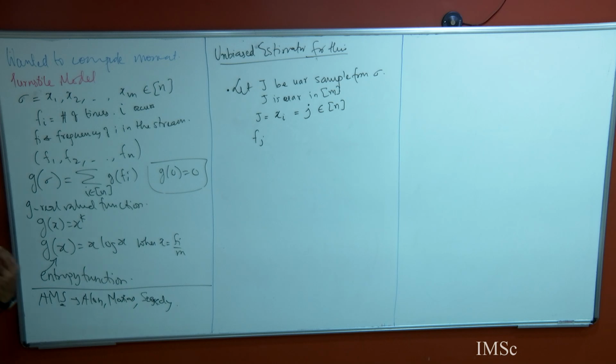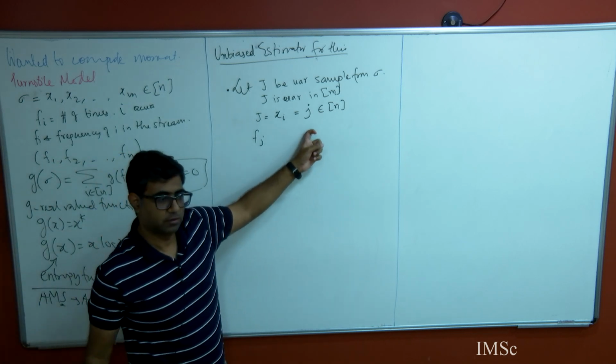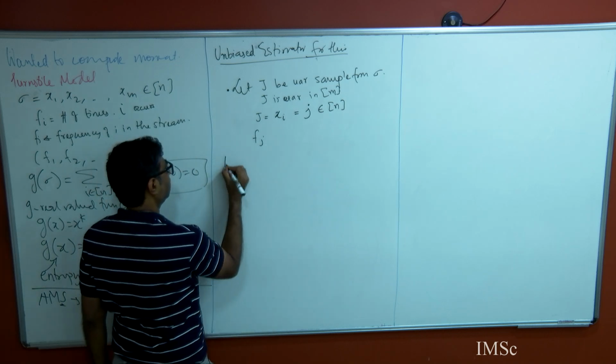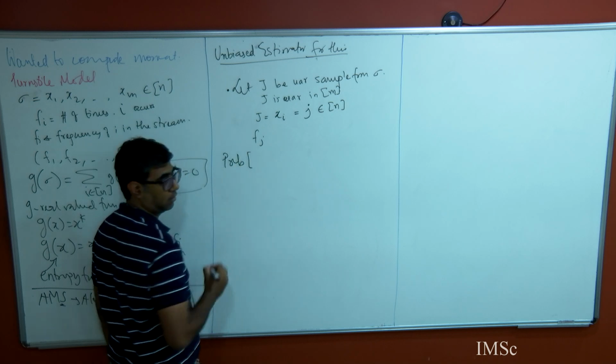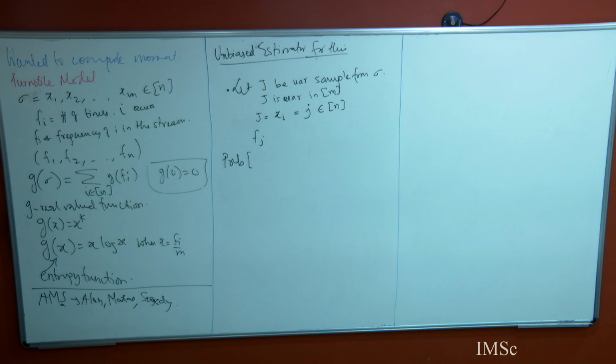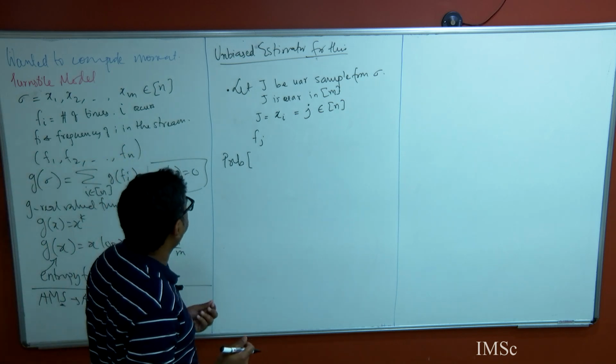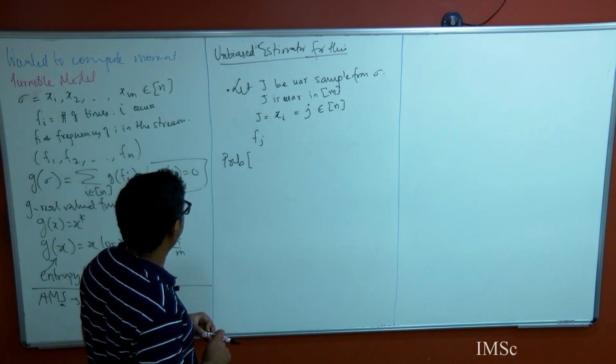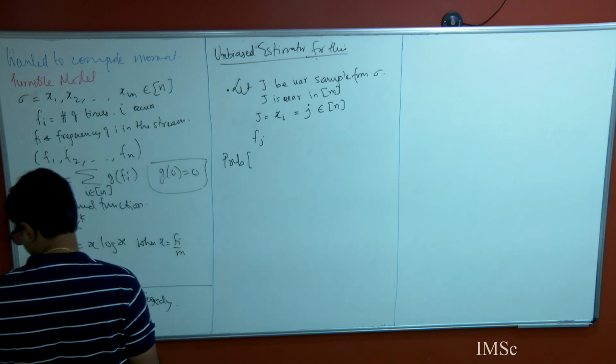So suppose I selected J uniformly at random.